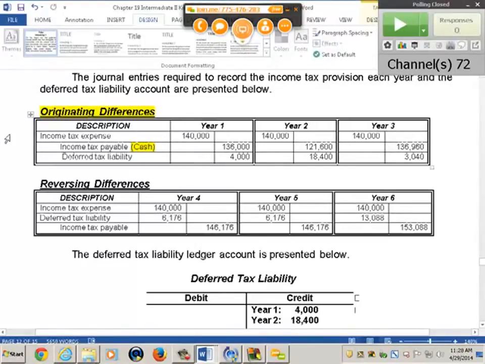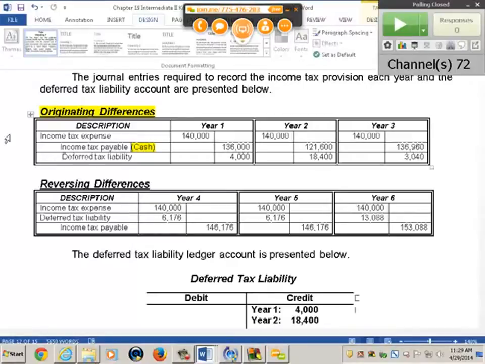If you wanted to make two entries, which you never actually see, in year one you're debiting tax expense for $136, crediting cash, and then you set up the deferred provision by debiting the tax expense and crediting the DTL. So this is an example of splitting that into two entries.